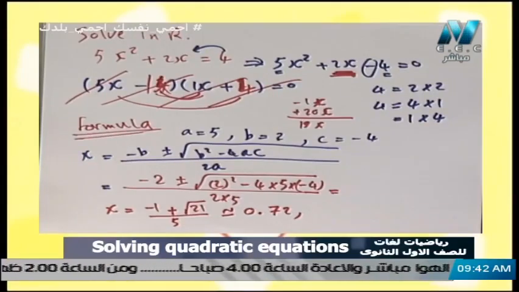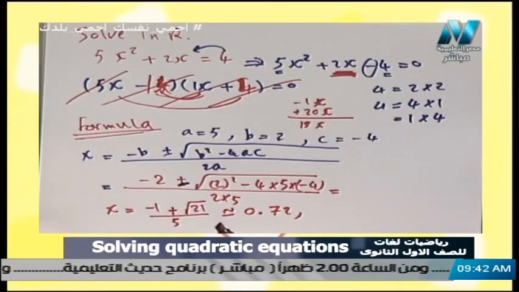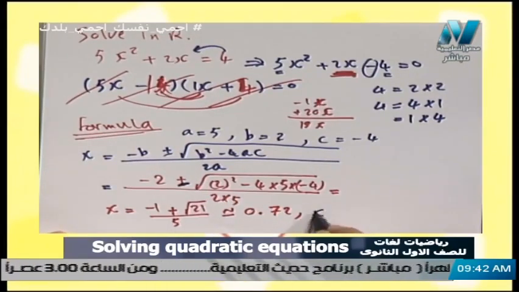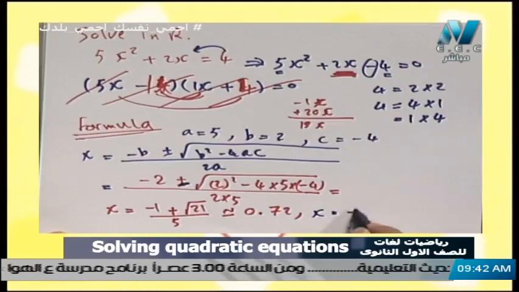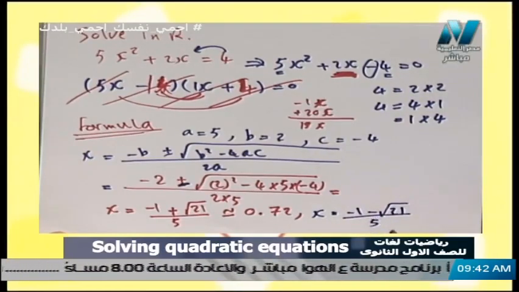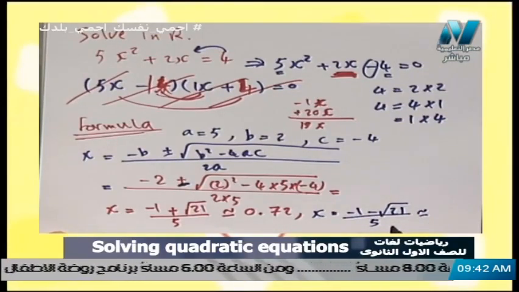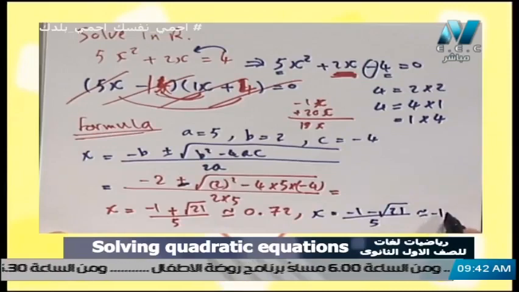And when we use negative or minus here, x equals negative 1 minus square root 21 over 5, and approximately equals negative 1.12.